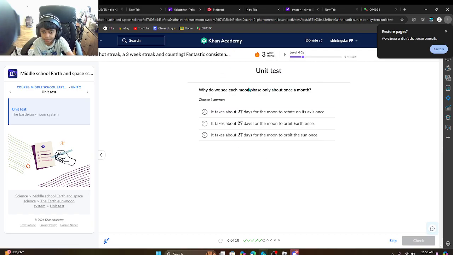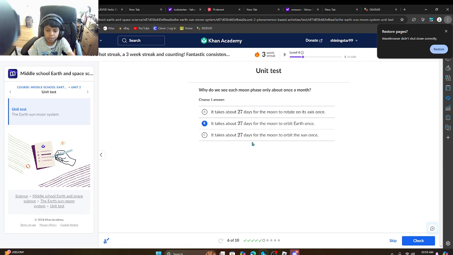Why do we see each moon phase only about once a month? It takes about 27 days for the moon to rotate on its axis once. It takes about 27 days for the moon to orbit Earth once.